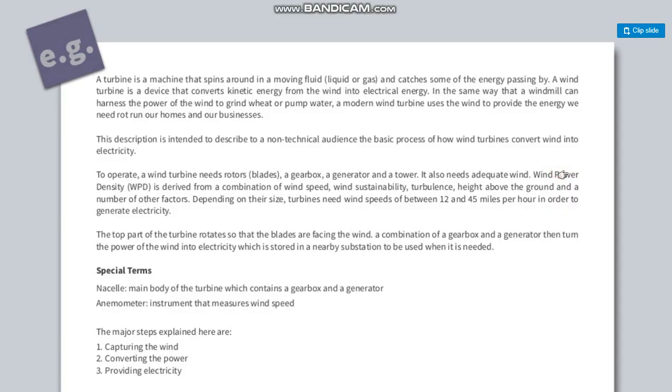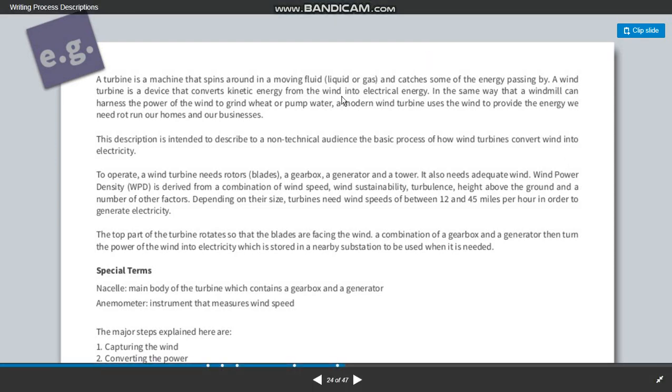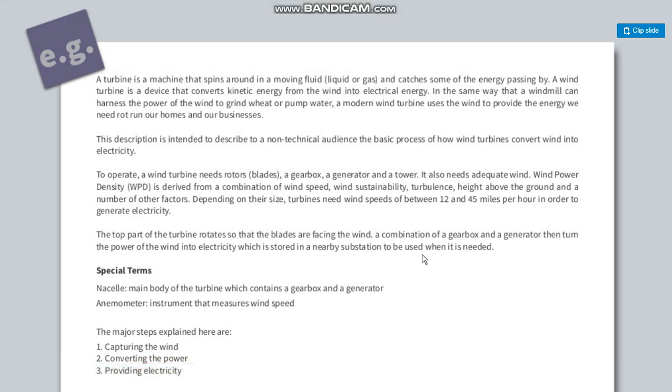There is an example given. You can read it. If you have read it, let's go.